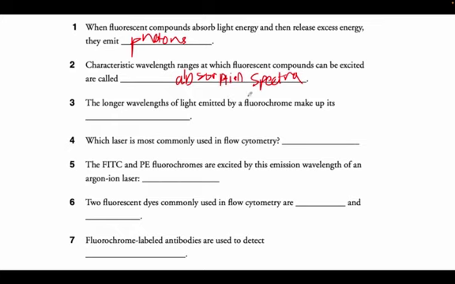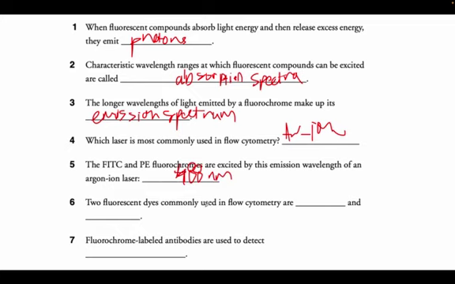Longer wavelengths of light emitted by a fluorochrome make up its emission spectrum. Which lasers are commonly used? This is argon ion lasers. FITC and PE fluorochromes are excited by this emission wavelength. This is usually 488 nanometers.